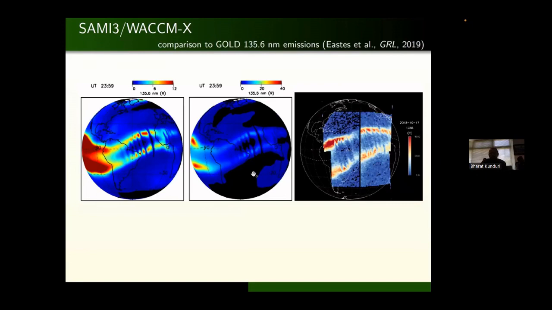And then in our middle panel, we generated the emissions to compare to what was observed by GOLD. And again, we see the striations in roughly the same place, but the intensity of the emissions is weaker by a factor of 4 or so than what was observed.